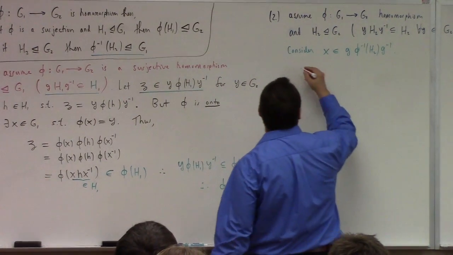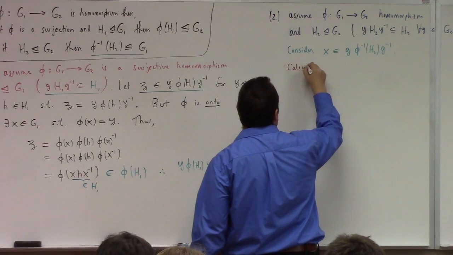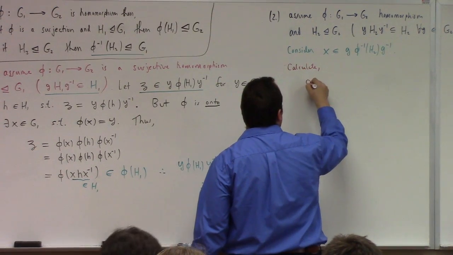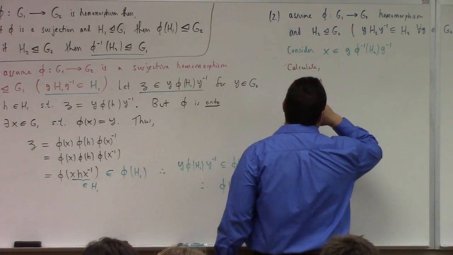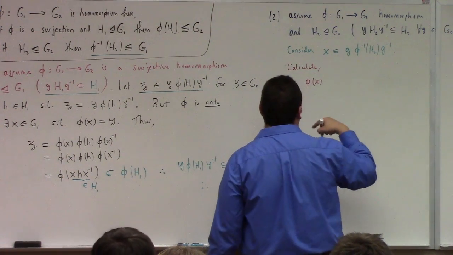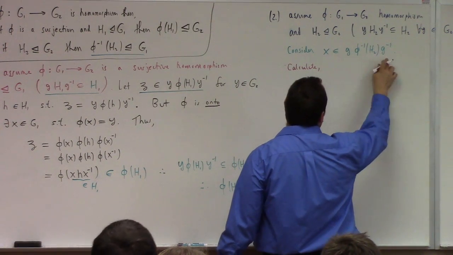Let's see here. Consider phi of x then. Let's calculate. What's phi of x equal to? Excuse me. First of all, but before I get to that, what does it mean to say it's in here?